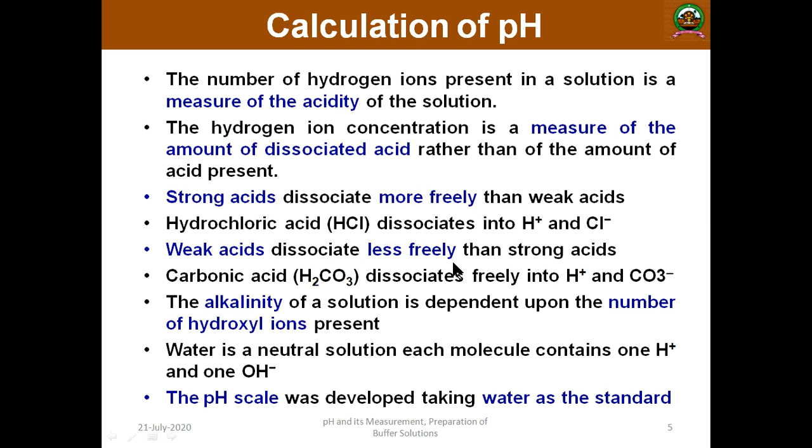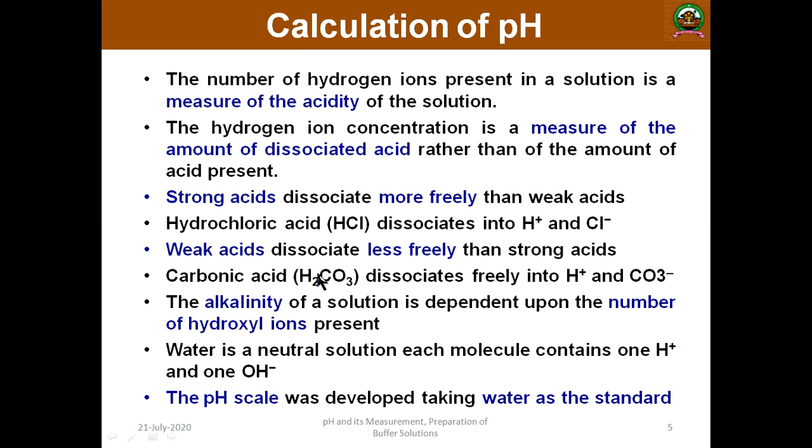A weak acid has a very small tendency to dissociate, less freely than a strong acid. An example is carbonic acid H2CO3, which dissociates as H plus plus HCO3 minus.